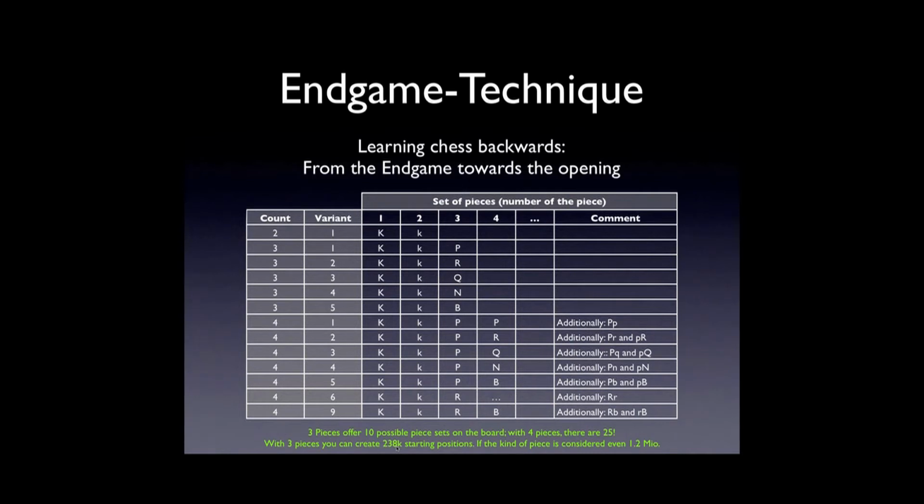And then we have got 62 fields for the third piece. If we additionally consider the kind of piece, we have got 1,200,000 possible starting positions. So the complexity is quite high.